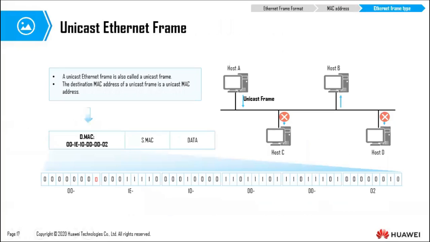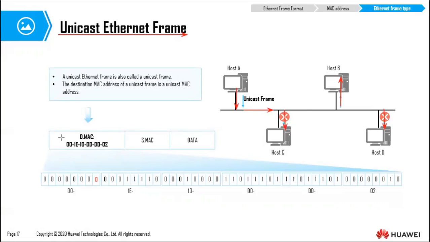So this is a unicast Ethernet frame. With a unicast Ethernet frame, one device places it on the shared medium. These ones are also going to receive it, but only this one is going to process it. The other ones are going to drop it.